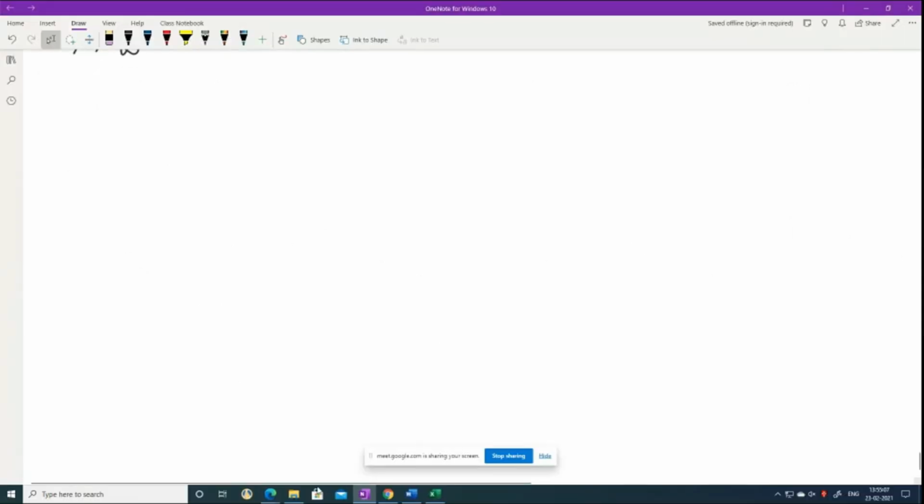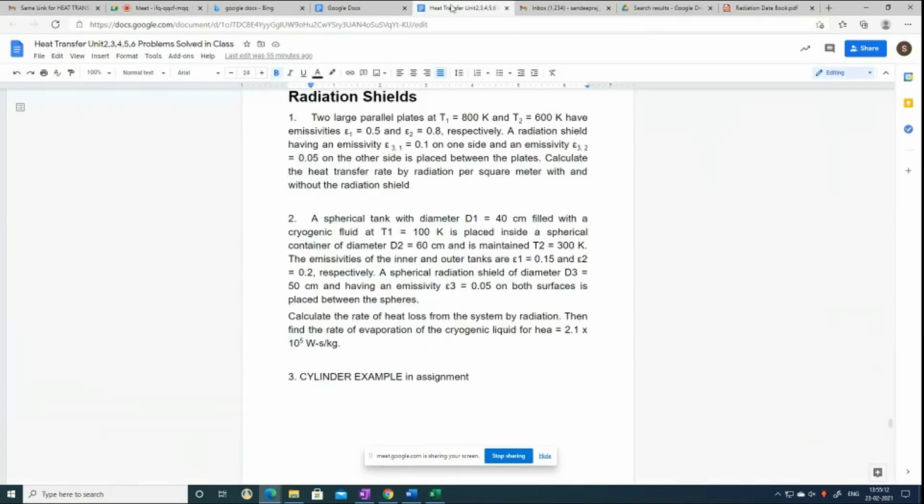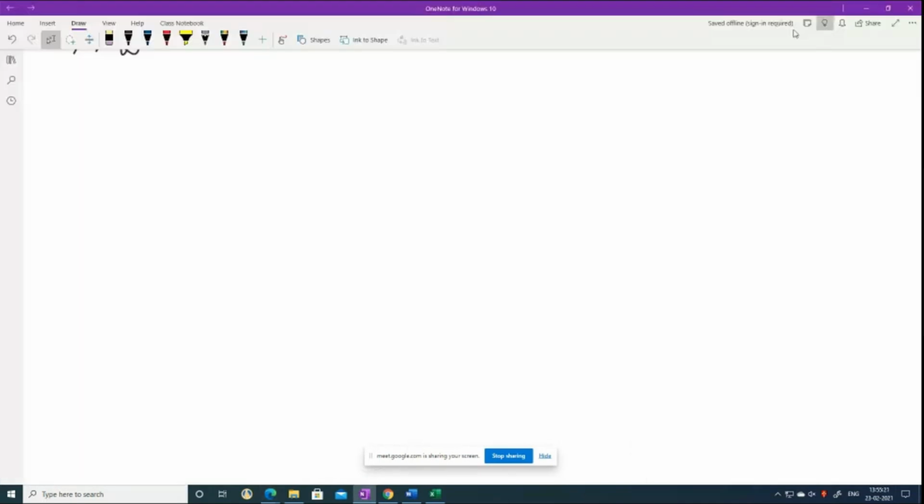Now let's solve a simple problem based on this. Here I have given this question, and the question is about a spherical tank.